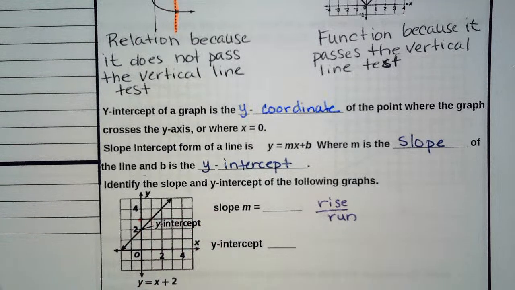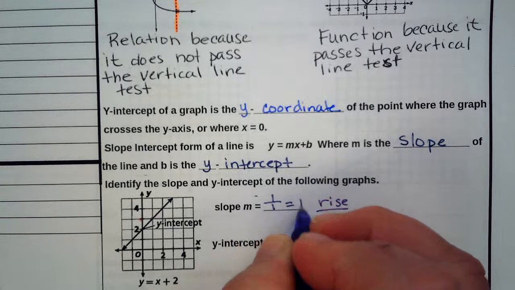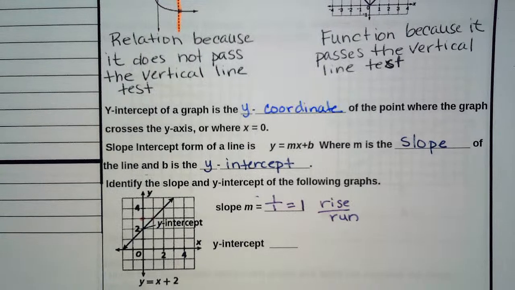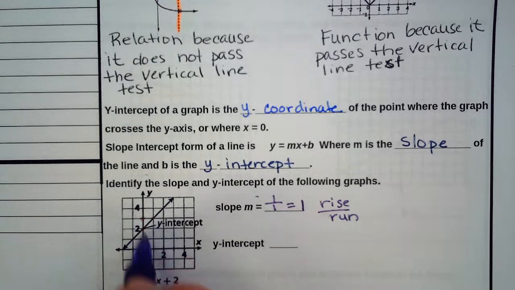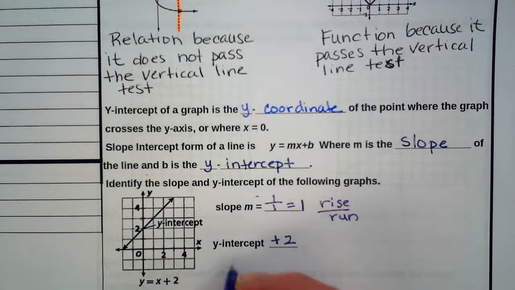Up one box, over one box. So it's 1 divided by 1, which is simply 1. Where does it go across the y-axis? Where is the y-intercept? Here's my y-axis. My y-intercept is a positive 2. That point would be 0, 2.